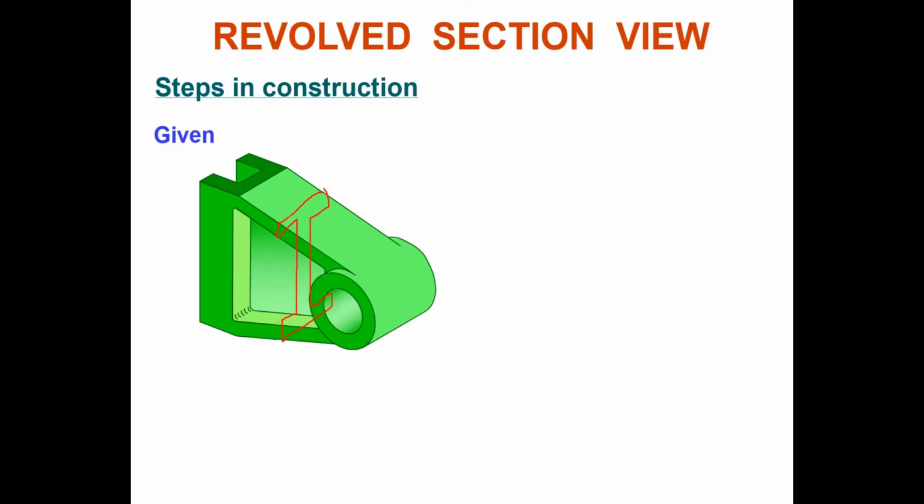If we cut through this section, it's an I shape. Right? I'm talking about this portion, not the cylinder, the middle. Clear? Clear, sir. Yes, it's an I shape actually, the middle.